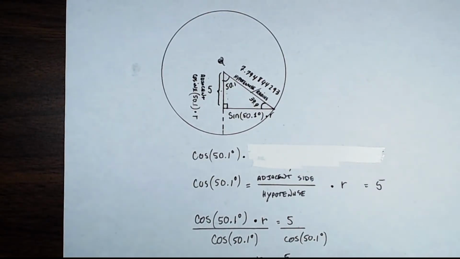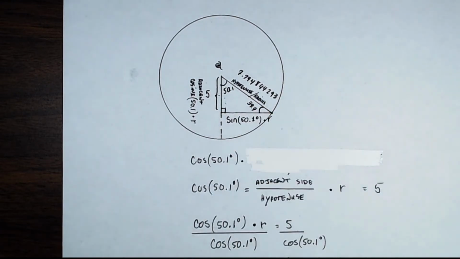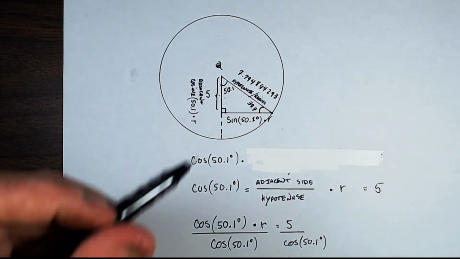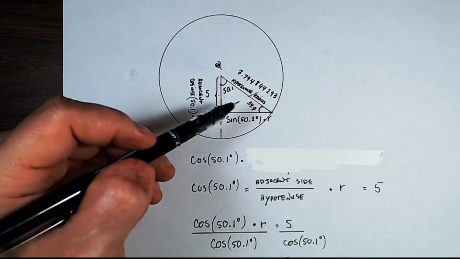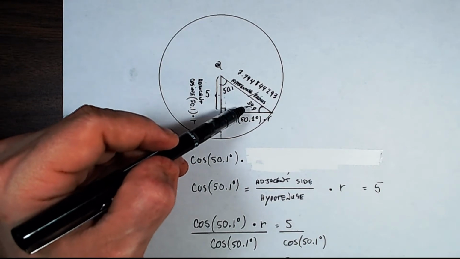Okay, so I could do one of two things here. I could use the Pythagorean theorem to find this missing side, or I could exploit the fact that this is a 90-degree angle, so I was able to find that this other angle is 39.9.